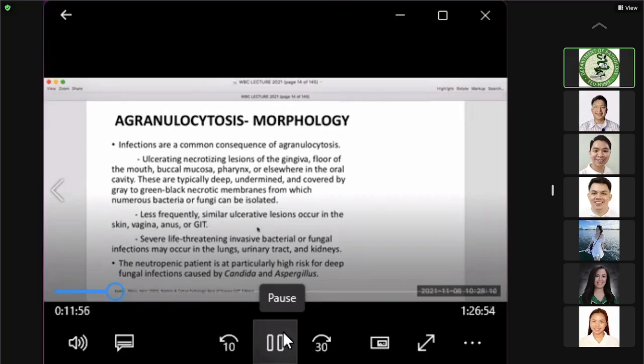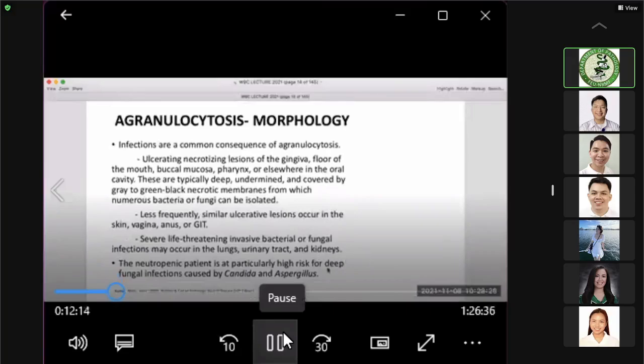Less frequently, we can also see ulcerative lesions in different areas of the body. Certain severe, life-threatening, invasive bacterial or fungal infections may occur in organs like the lungs, urinary tract, and kidneys.